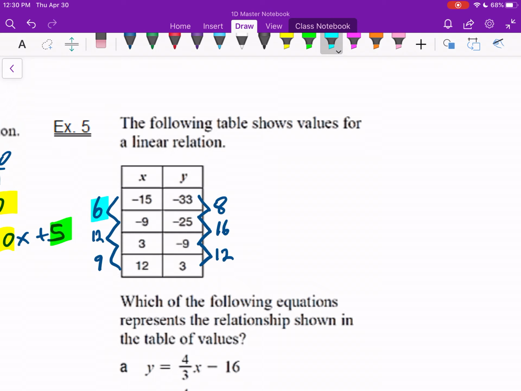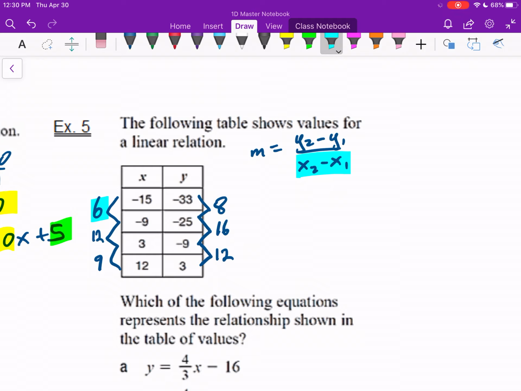going from negative 15 to negative 9 is like doing the bottom of my slope formula. So let me write out the slope formula since we haven't talked about it in this lesson. So this x2 minus x1 is really just subtracting the first number from the second number, which is exactly how I got that 6.